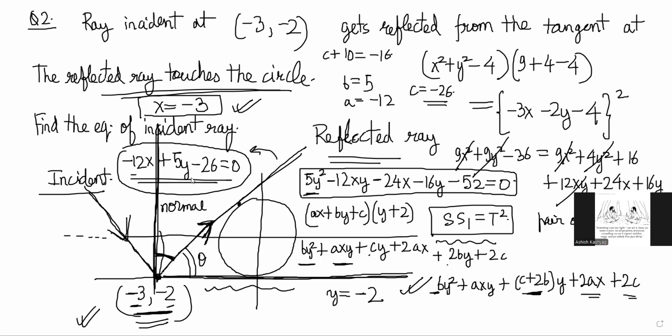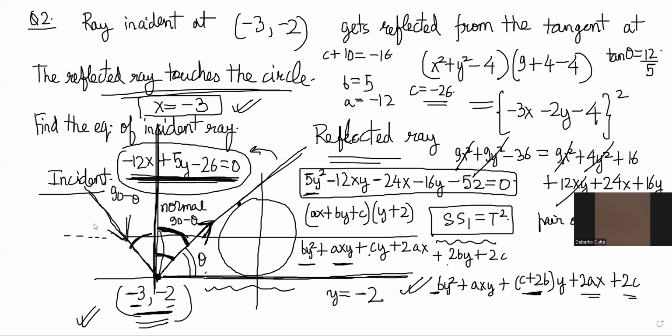Theta is the slope of this line, correct? So my angle here is 90 minus theta. I already know tan theta is 12 by 5, correct? So this angle is 90 minus theta.